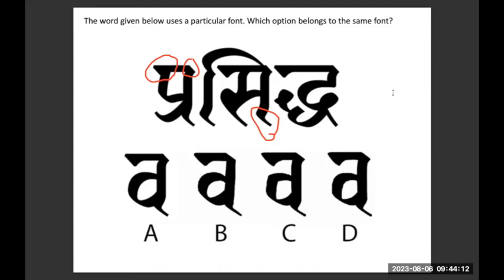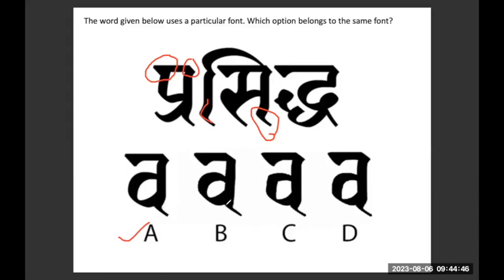One second. Okay, so far everybody has given the correct answer. All are correct answers. All right. So in this case, the correct answer is option A. And I get that just by simply looking at the bottom matra. If I just compare the bottom part, how the font ends like this, you know, there's a curve here and then it ends like that.